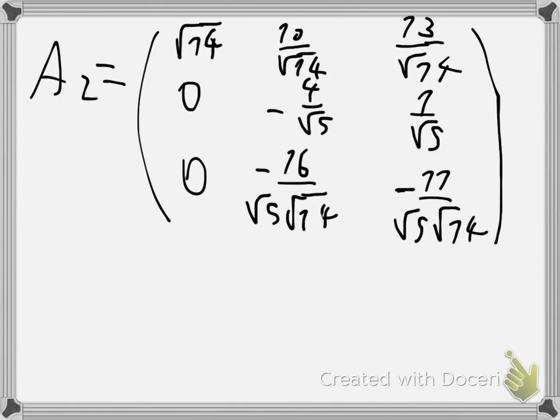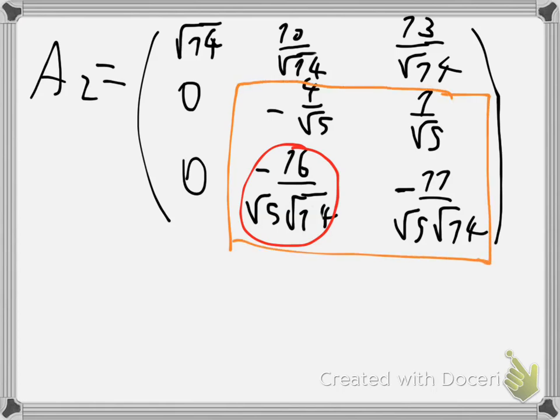Okay, now if I want to eliminate this element here, first I will consider this submatrix here. Okay, remember. And our given rotation J3 will be of the form, so let's call that maybe J3 prime, because we only consider the submatrix.